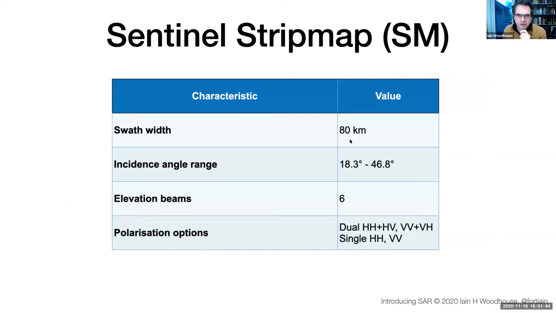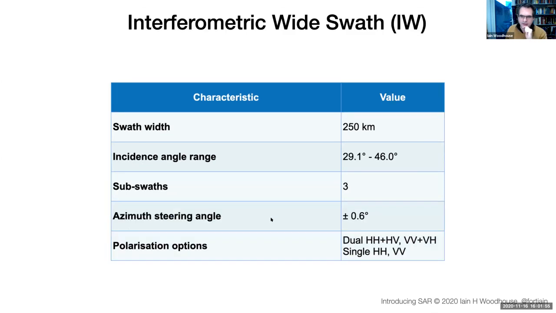And that's how, if you're looking at the Sentinel strip map, it's a nice narrow 80 kilometers. They can choose a different elevation beam, but it's just one beam, and it fits into one of those gaps in that graph.